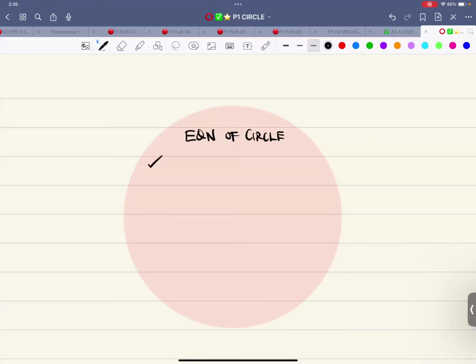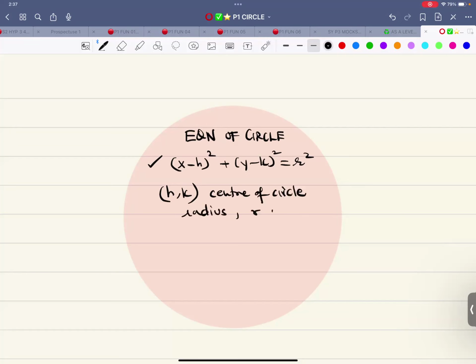And we are aware that x minus h whole square plus y minus k whole square is equal to r square. I personally prefer h and k. And that's also used in quadratics in the completed square form. So h, k is the center of the circle, and the radius is r units.